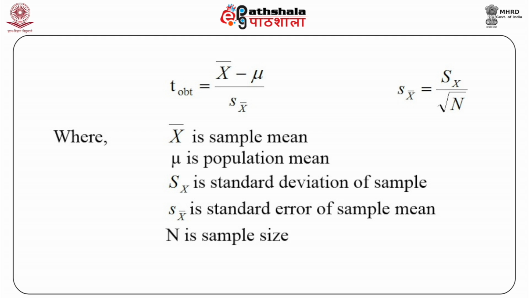For such cases, t-test is used as it estimates the standard deviation from the sample itself. The formula for the t-statistic accomplishes this by substituting S square for sigma square in the formula for the z-statistic.